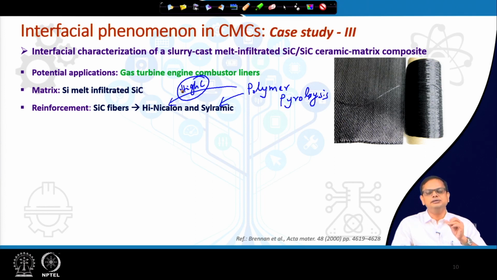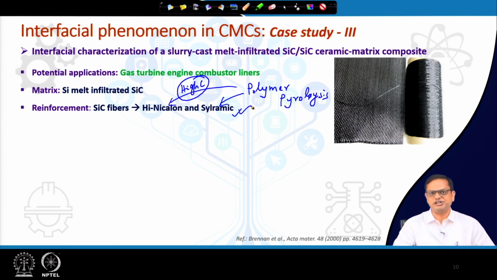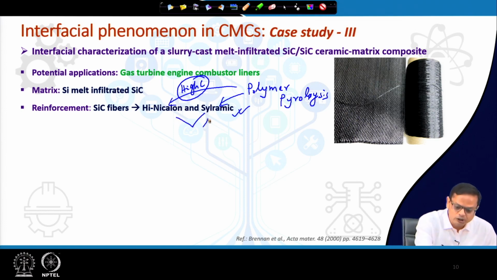So, you can change the concentration, as we have discussed in detail, and that would change the stoichiometry from high carbon to high silicon. Here the carbon content is a little bit higher, so it is called Hi-Nicalon, and Ceramic is almost stoichiometric. It is more towards stoichiometric.